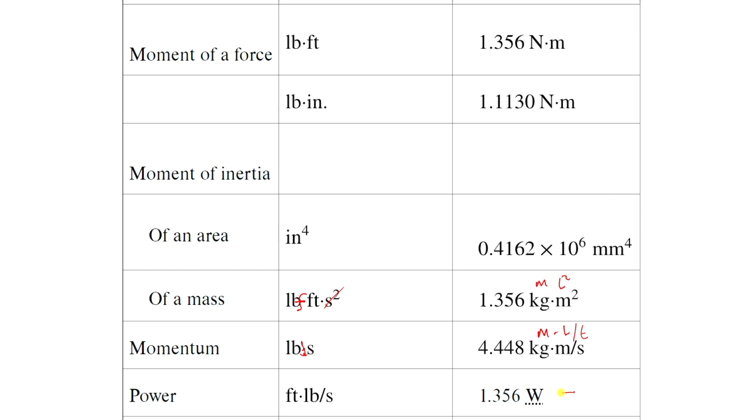Power is watts, which in the international system of units is very simple. It is joules over second, the amount of energy or amount of work that you can do in time, versus in imperial units, it's going to be feet times pound force over second.